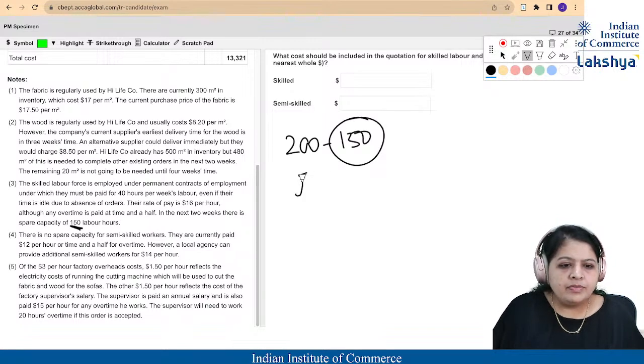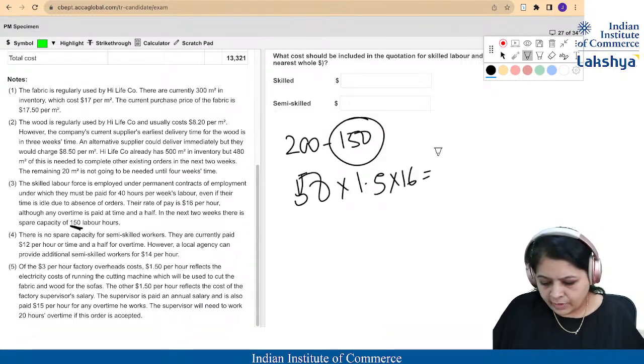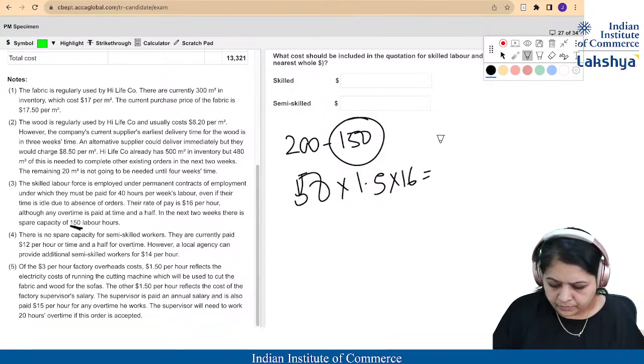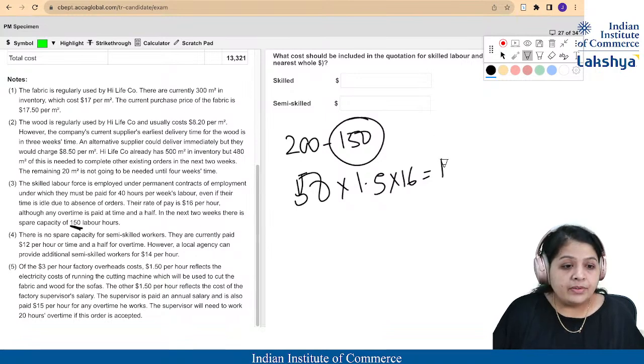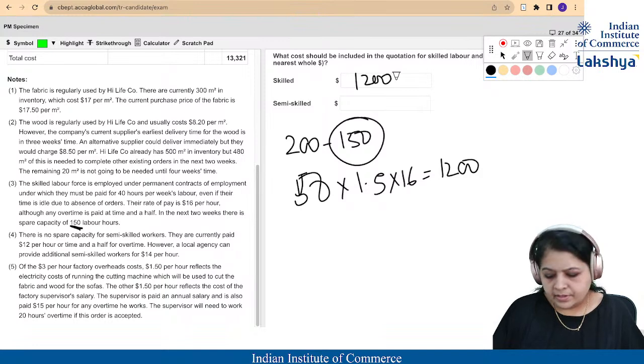But the rest of the 50 has to be charged at 1.5 times 16. So that value comes to 1200. So skilled labor is at 1200.